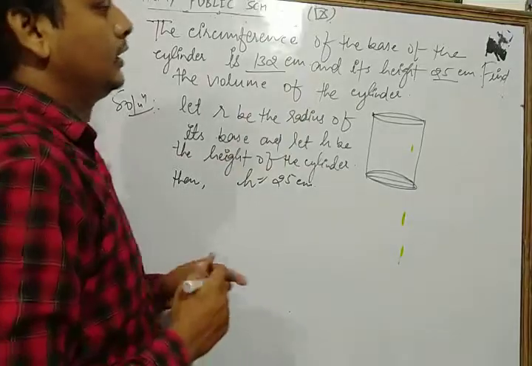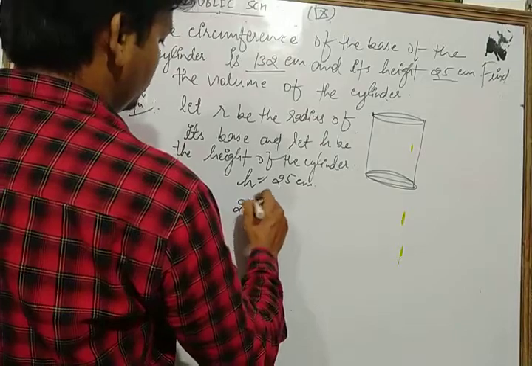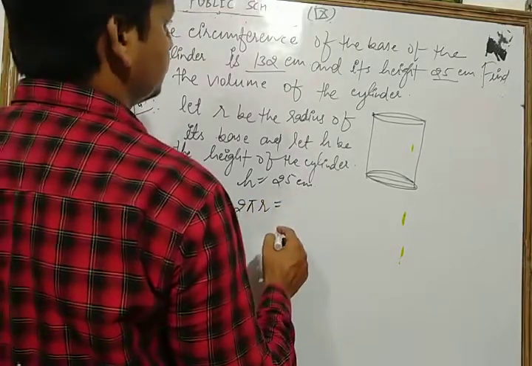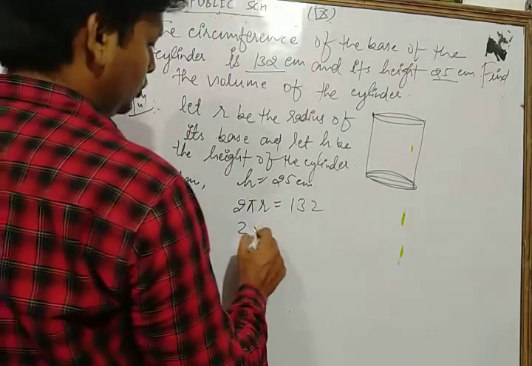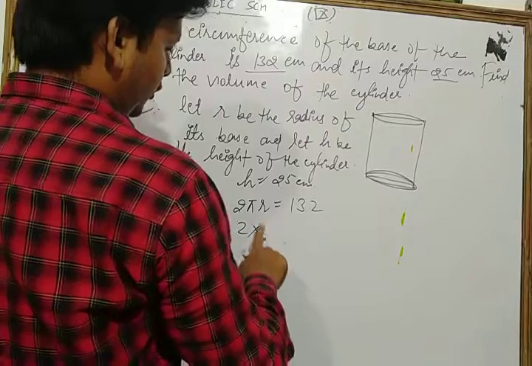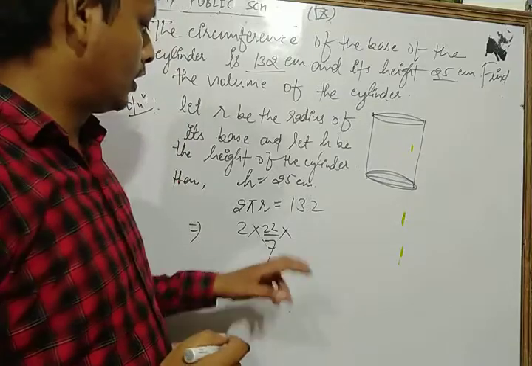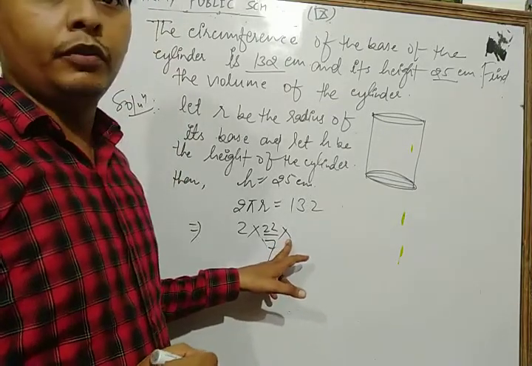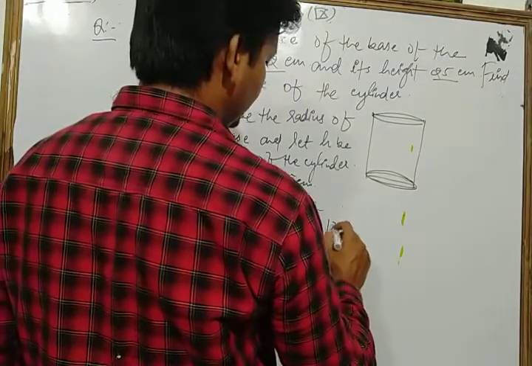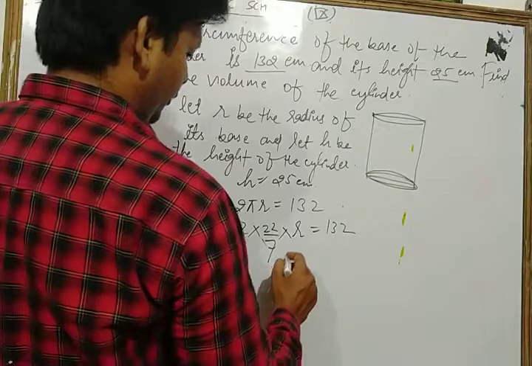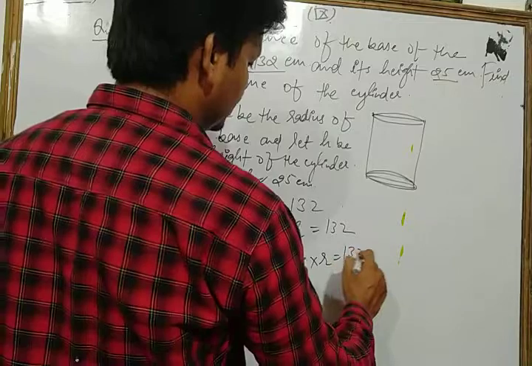And here the circumference of the base of the cylinder, that is 2 pi r, is given as 132. So that is 2 into the value of pi, 22 upon 7, into r. We find the value of r now. So 2 pi r is equal to 132. So 44 by 7 into r is equal to 132.